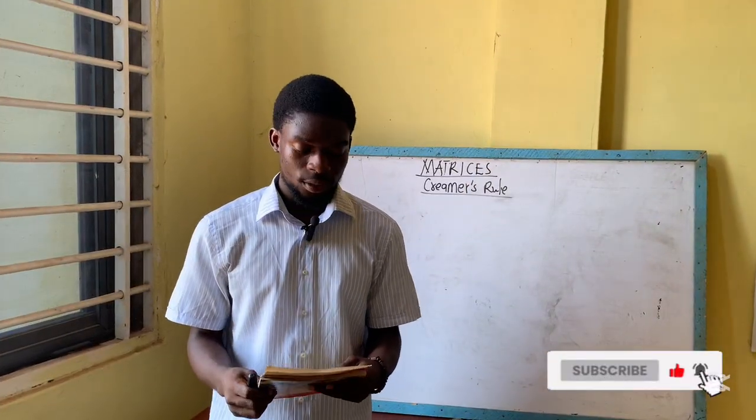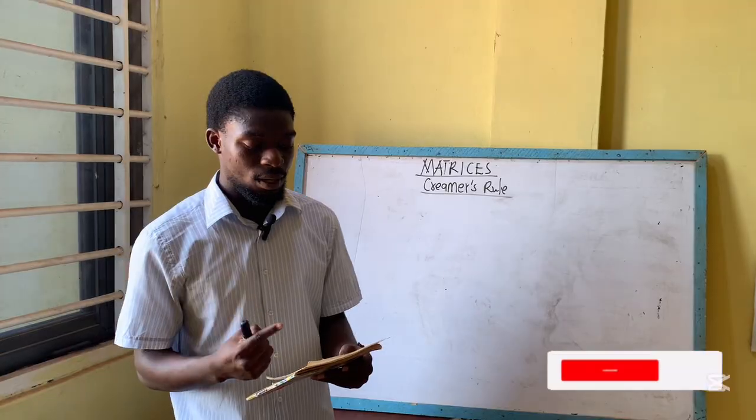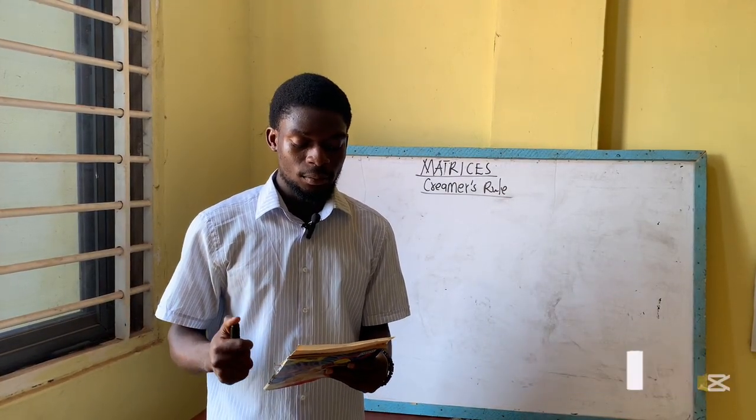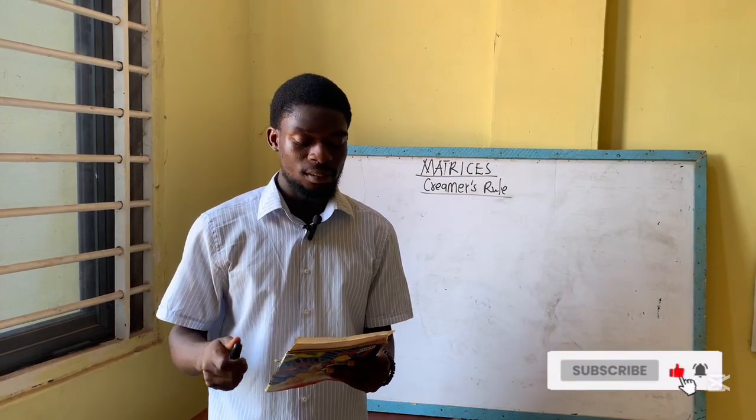Let's analyze the equation. It says that a total revenue of 120 units of product A and 80 of product B was $2,560.